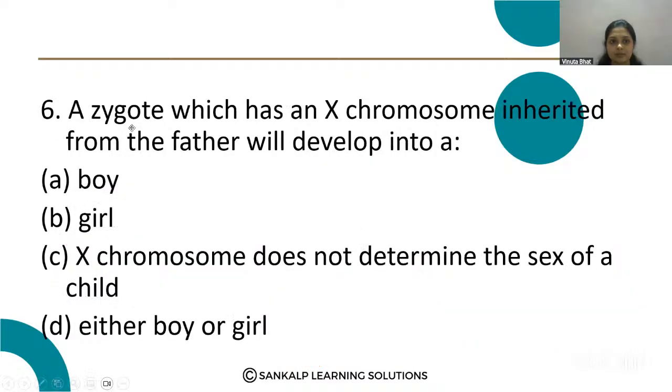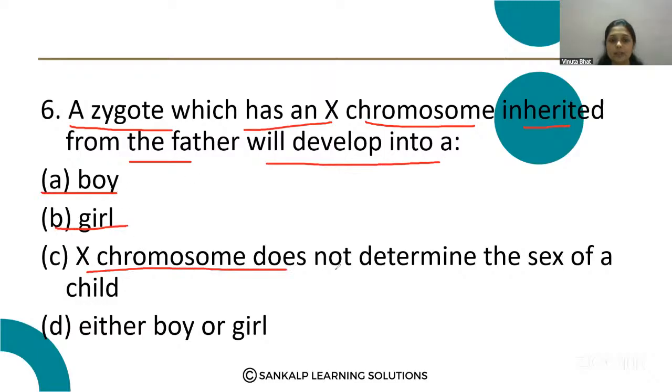Next question. A zygote which has an X chromosome inherited from the father will develop into a boy or girl. What is the answer for this question? Sixth question.